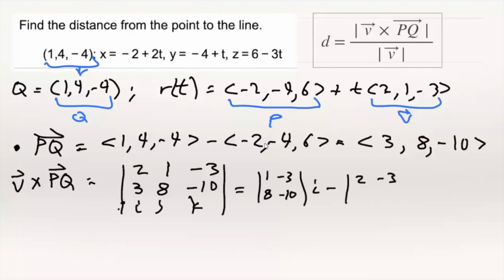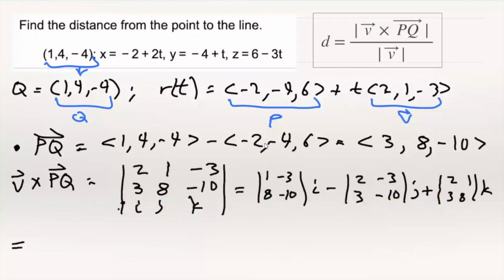Again, review my lecture on cross products if this is unfamiliar, how we're doing this. So that was expanding along the last row. And for each of these, we delete the row and column in which that i, j or k resides and find the determinant of that submatrix.